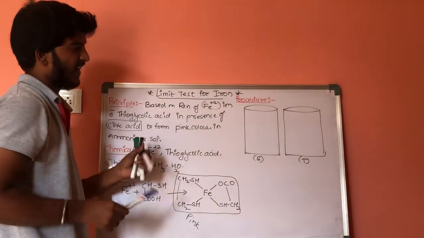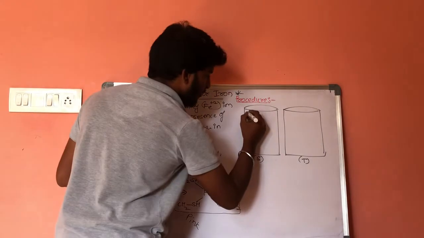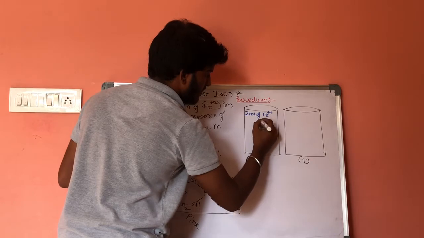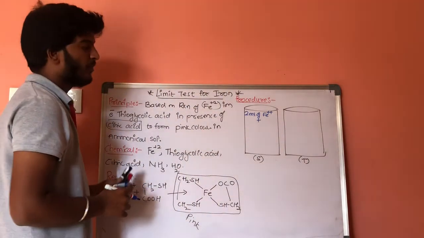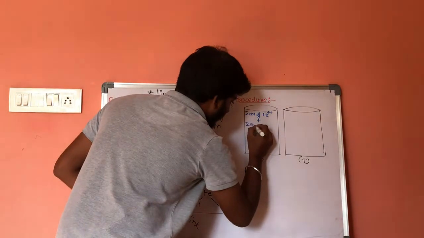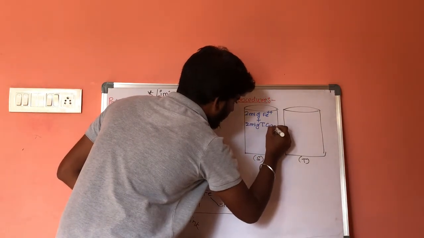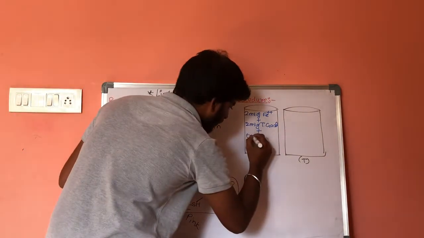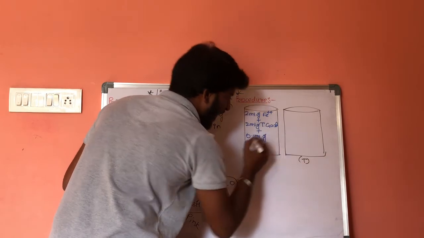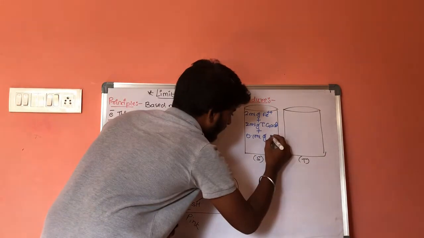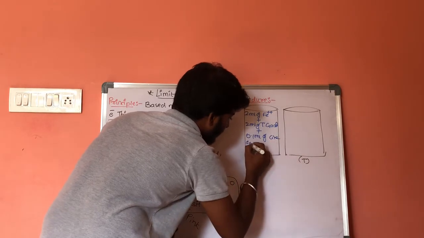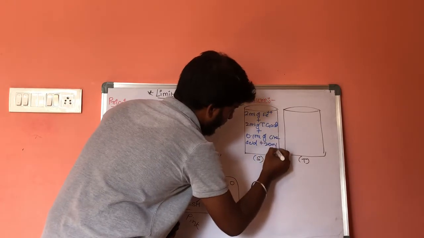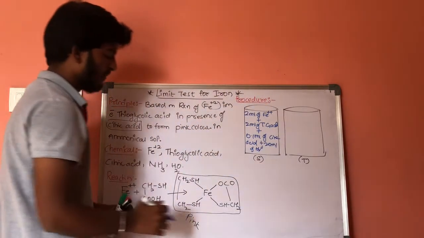In the standard, first we should take 2 ml of iron Fe+2 ions, and next add 2 ml of thioglycolic acid, plus 0.1 ml of iron free citric acid, and 20 ml of water.